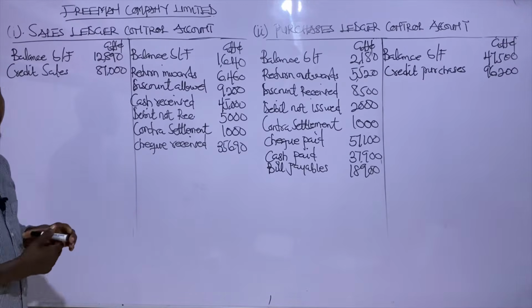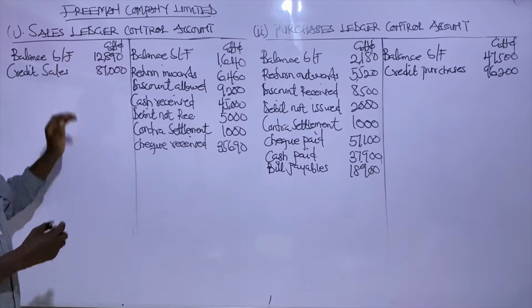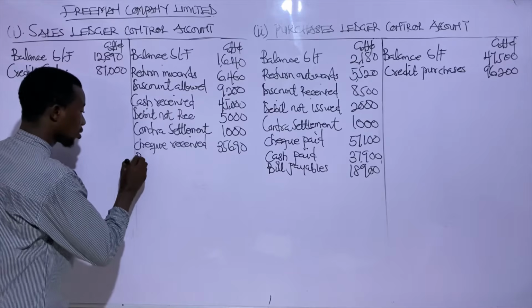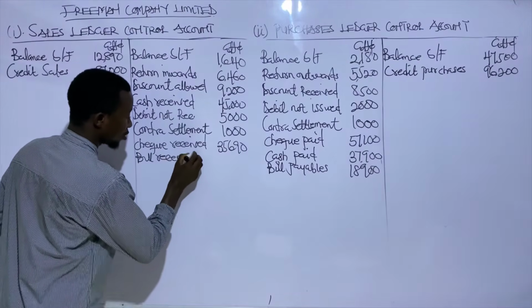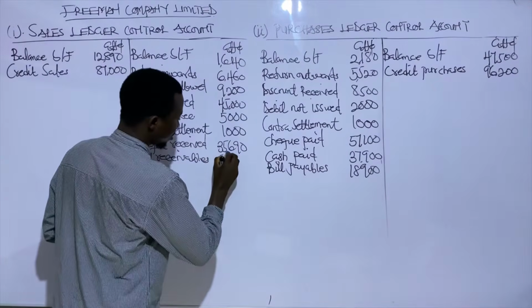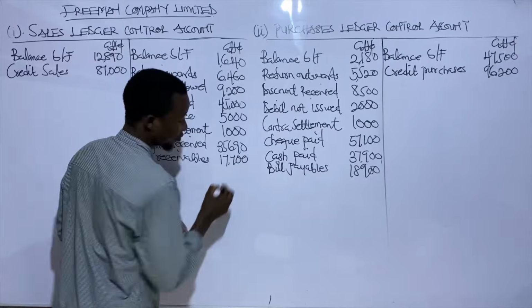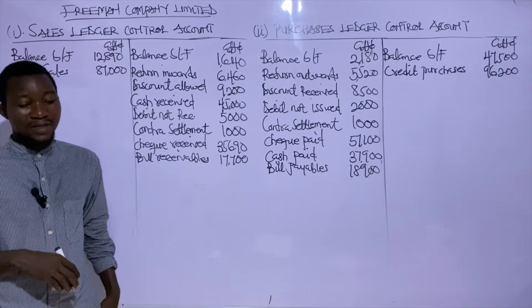It is in the form of payment. Payment from the customer will reduce their balance. So bill receivable will be credited to sales ledger control account, and the amount is 17,700.